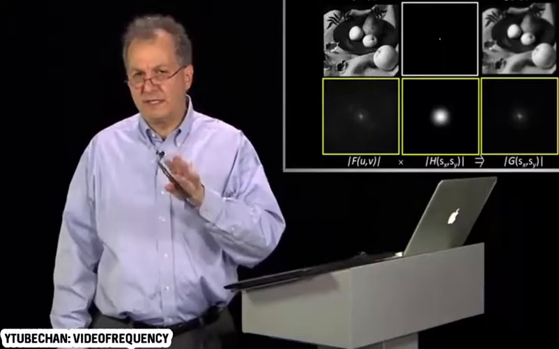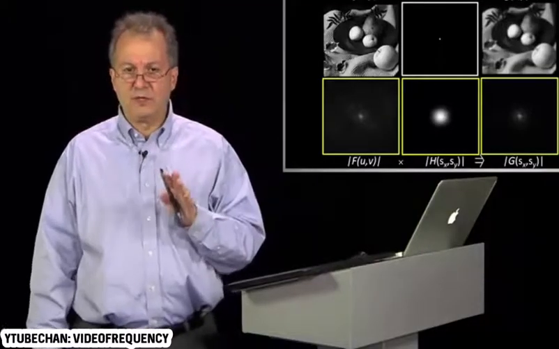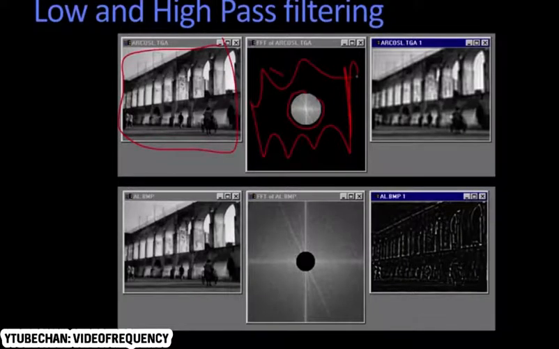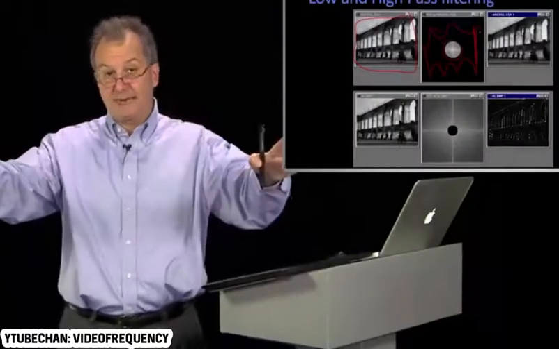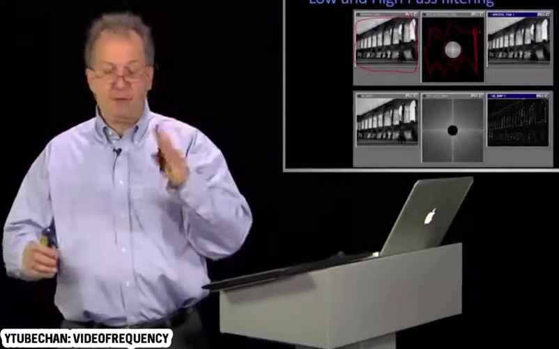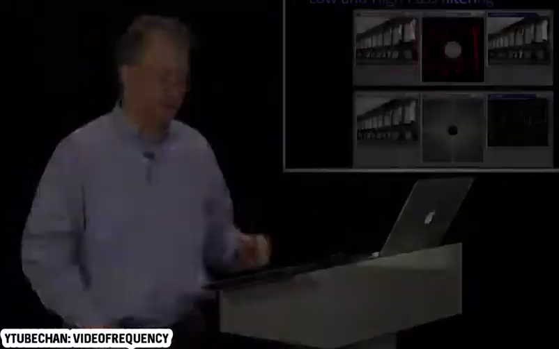We've actually looked at this just a little bit before when we introduced the notion of frequency. So here we have a picture of this man-made scene, all right? And here what I did was I took the inside part and set everything outside equal to 0. So instead of tapering it off like a nice Gaussian, I was ruthless and I set all of the frequencies outside a certain diameter to 0.